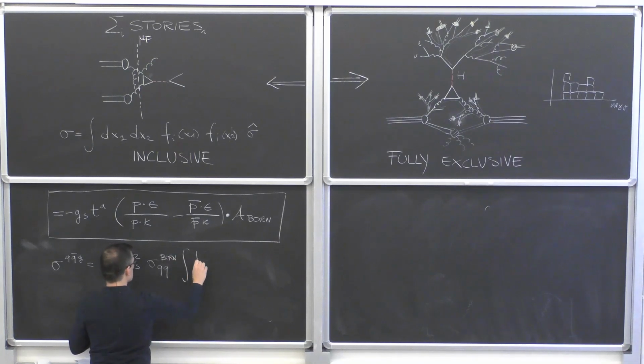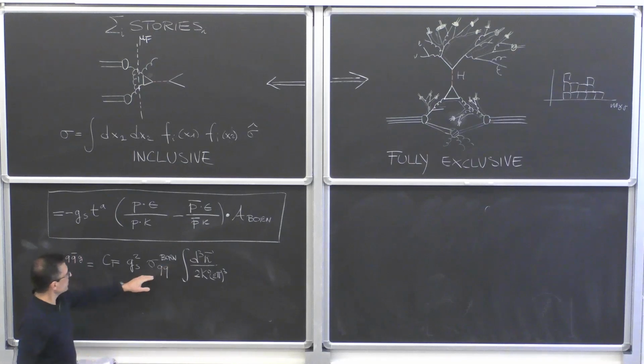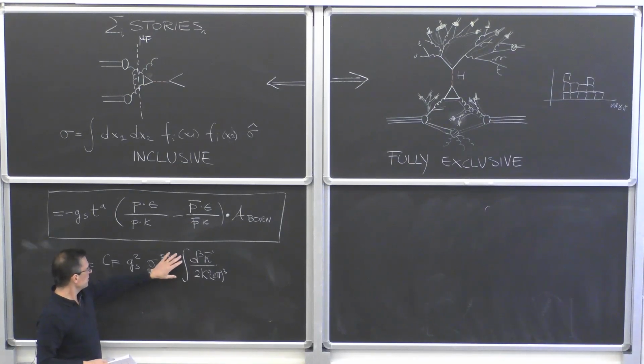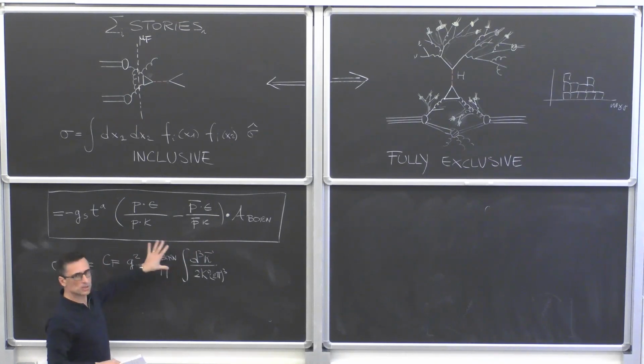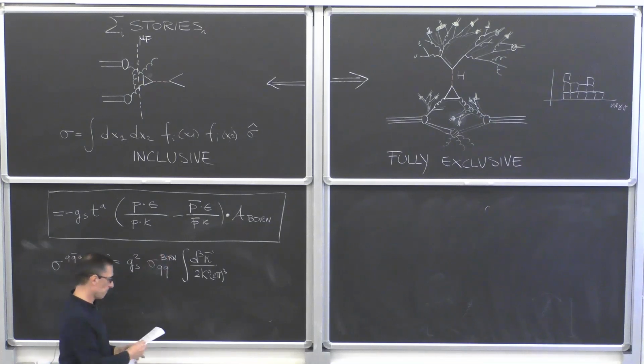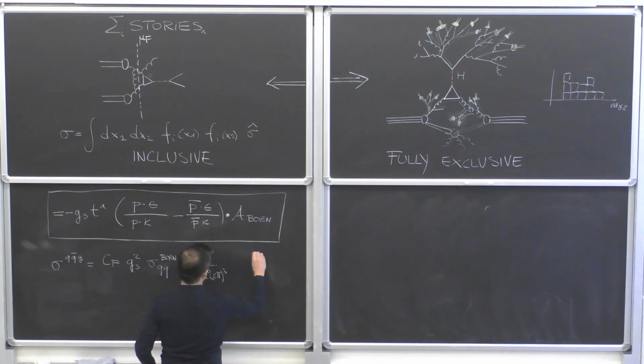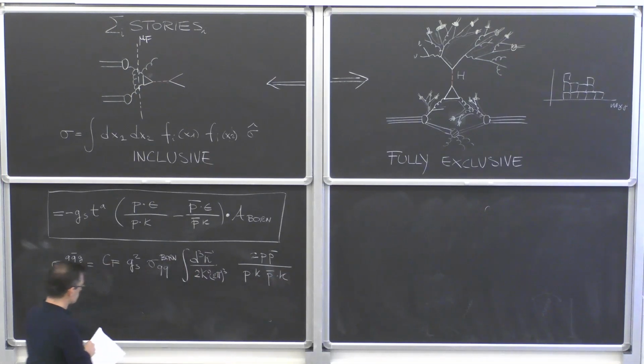And then I have a phase space on my extra gluon. So I factorize the phase space in the soft limit with the phase space which is like the Born, phi 2, and I rebuild the Born cross-section in front.